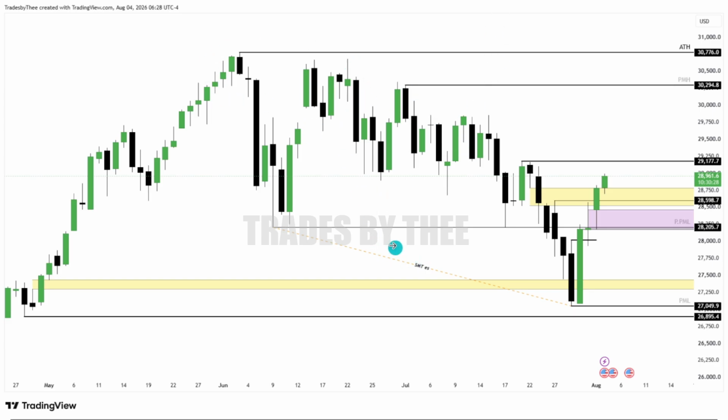So it's important for us to keep note of that SMT, though it's a very big SMT because the S&P really struggled to go lower, and currently I think it's almost hitting its all-time highs.